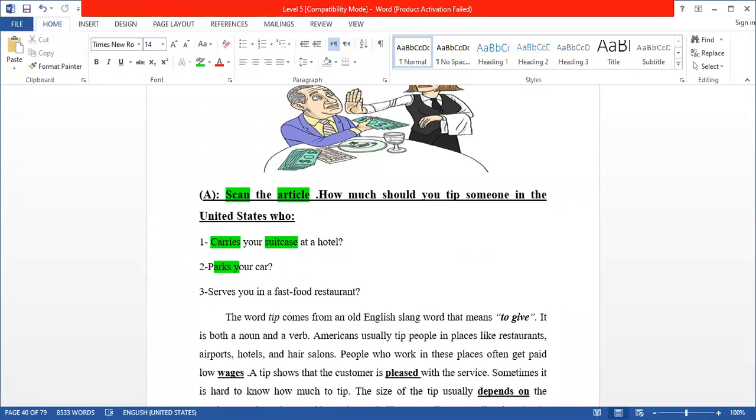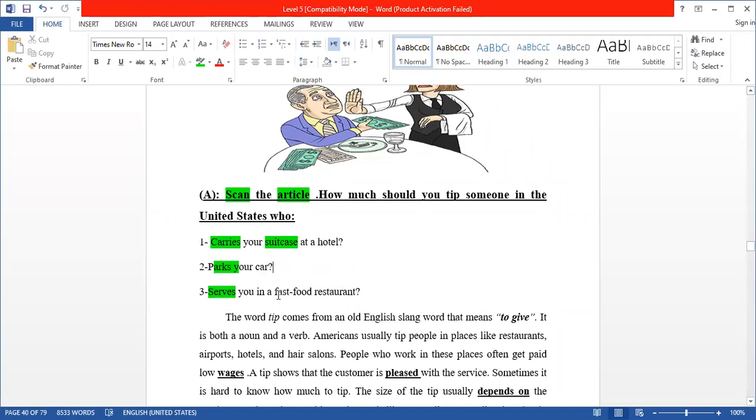Okay. Serves you in a fast food restaurant. Serves you, as we said this word, the word servant, the person who helps you in doing things. For example, in a service, in a fast food restaurant.